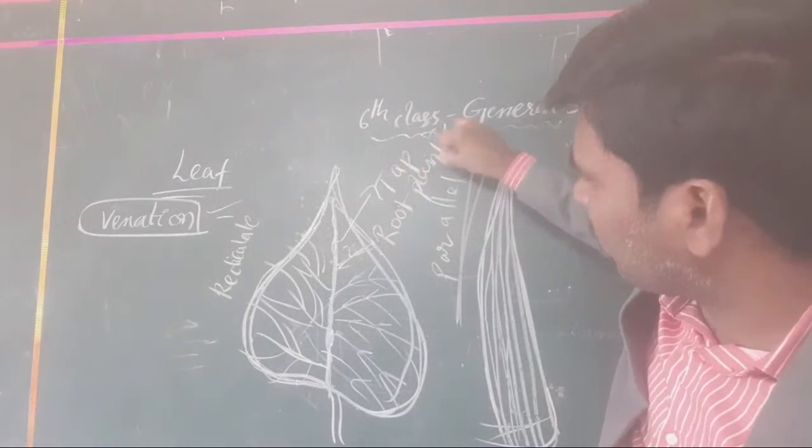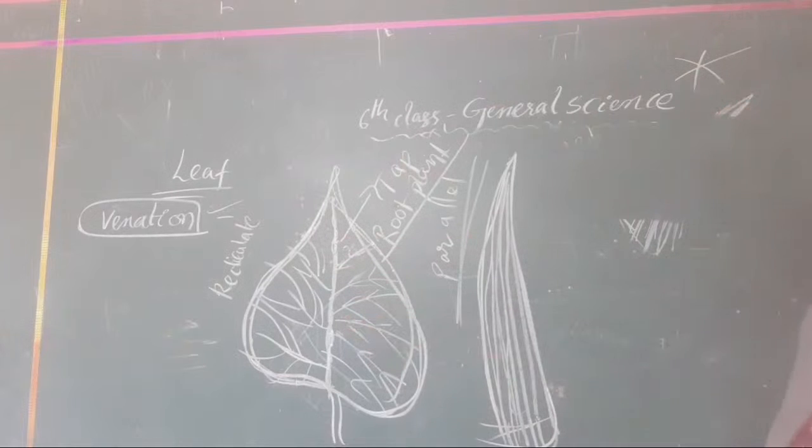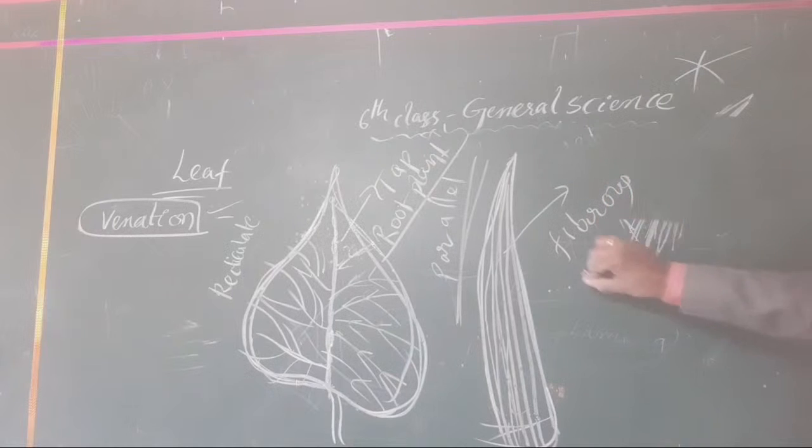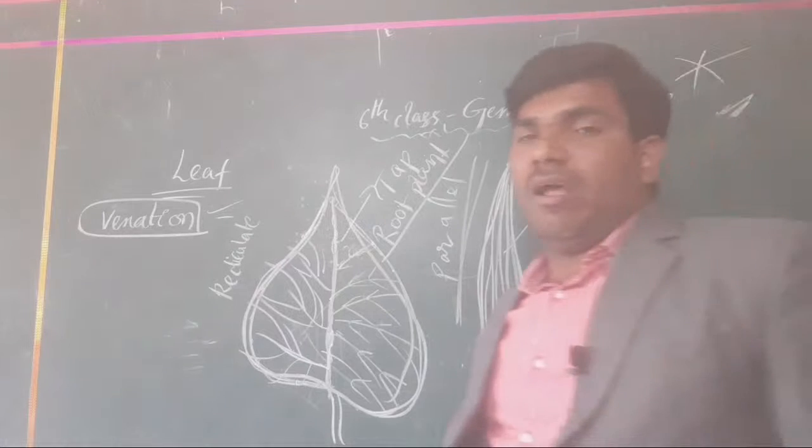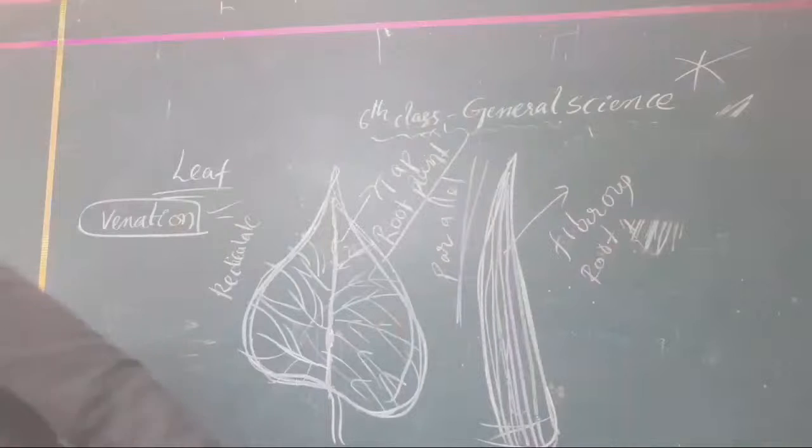And the plants with fibrous roots contain parallel venation. Got it or not, all the students?